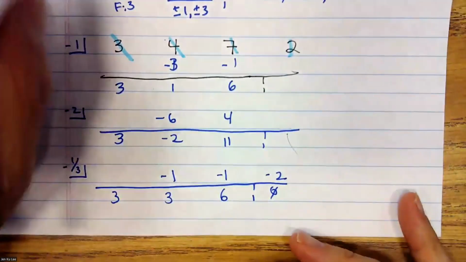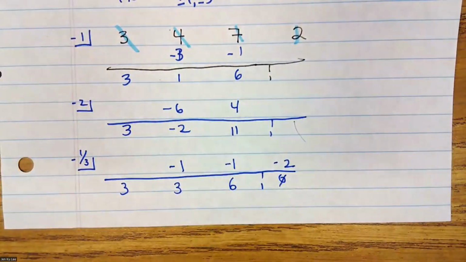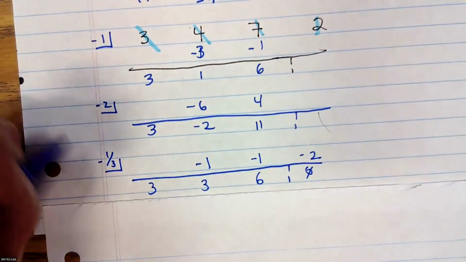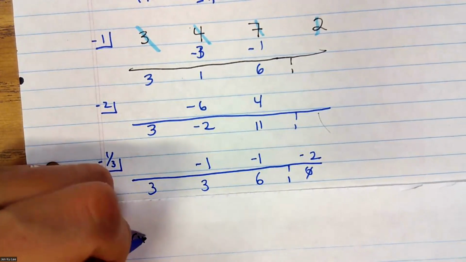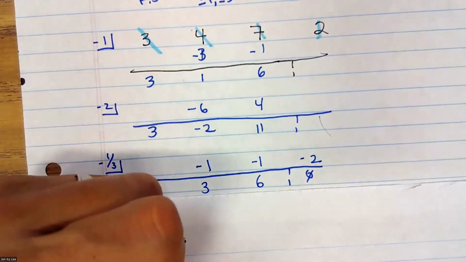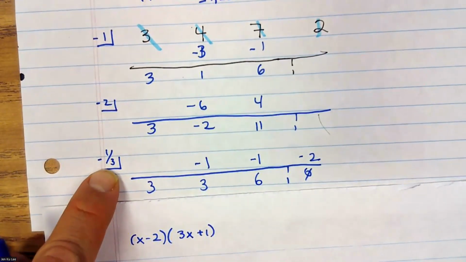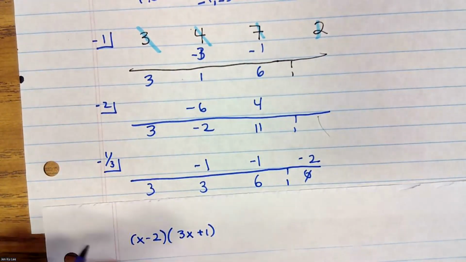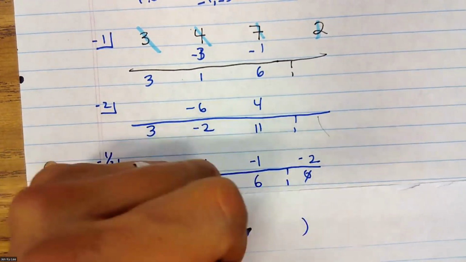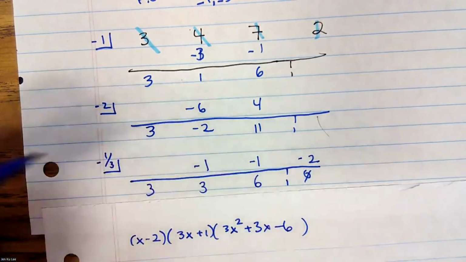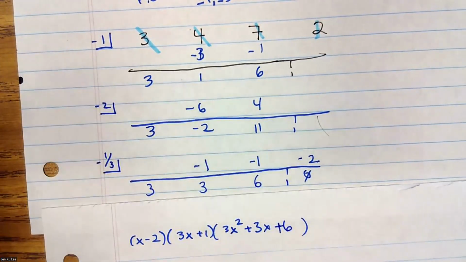Okay. So now what do I have? x minus 2 times 3x plus 1, turning the -1/3 into a factor, times 3x squared plus 3x plus 6.